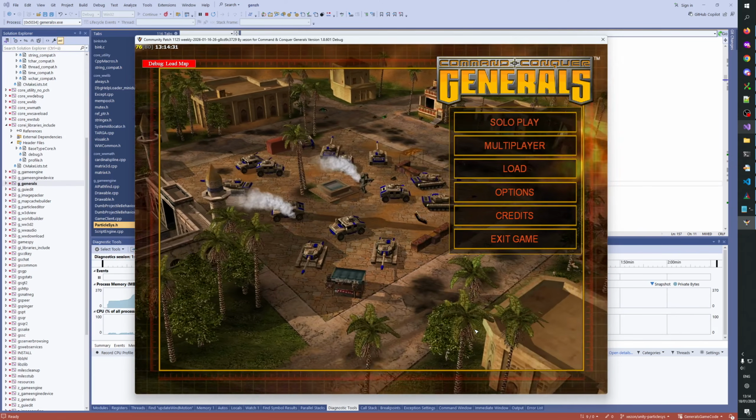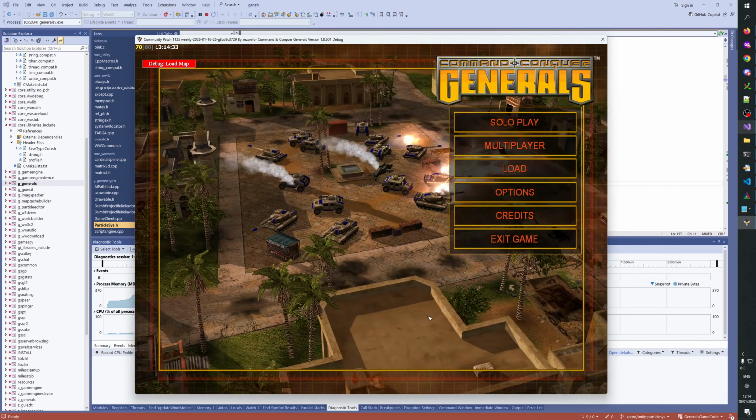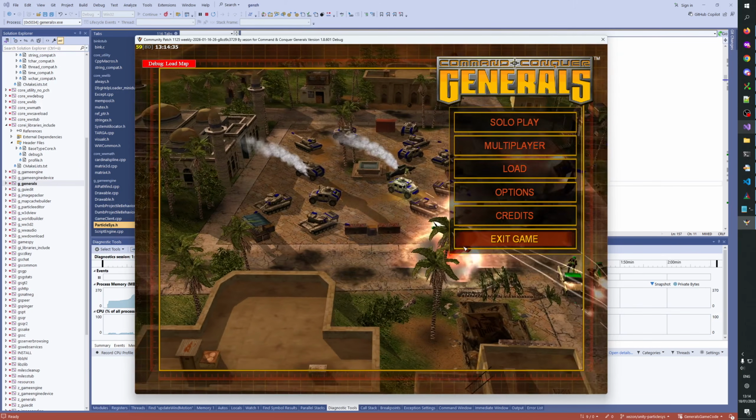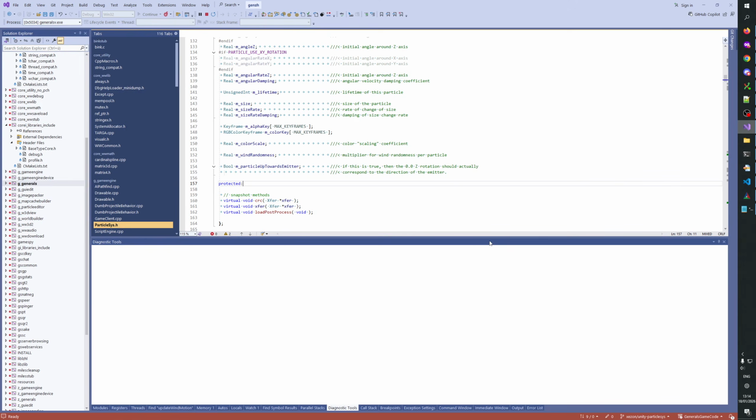Okay, I think that looks fine. Particles are working. Good.